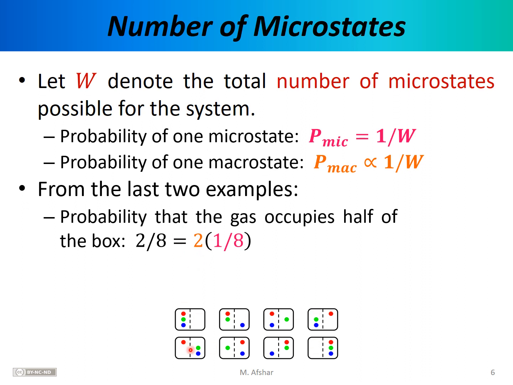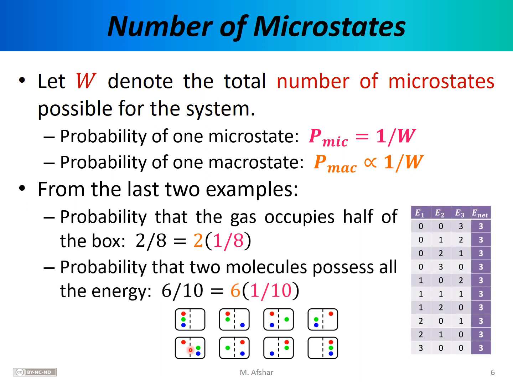In the second example, we found that the probability that 2 molecules, any 2 molecules, possess all the energy is 6/10. We found that number by enumerating all of the possible microstates. So each line in this table corresponds to a specific microscopic description of the system. And then of these 10, we found 6 of them had the large-scale property that we're interested in, namely that two molecules have all the energy.